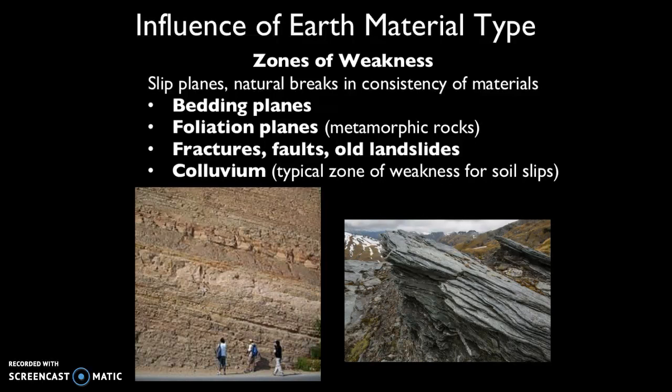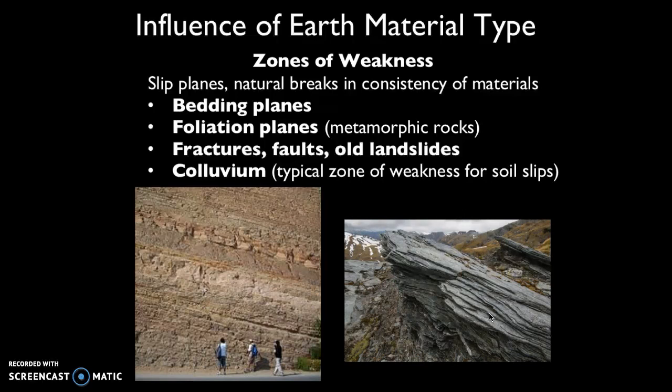The image on the right shows these foliation planes forming in a slate, or what could be a phyllite rock. You see a bunch of planes subdividing each foliation layer within that metamorphic rock. Those can also be zones of weakness.